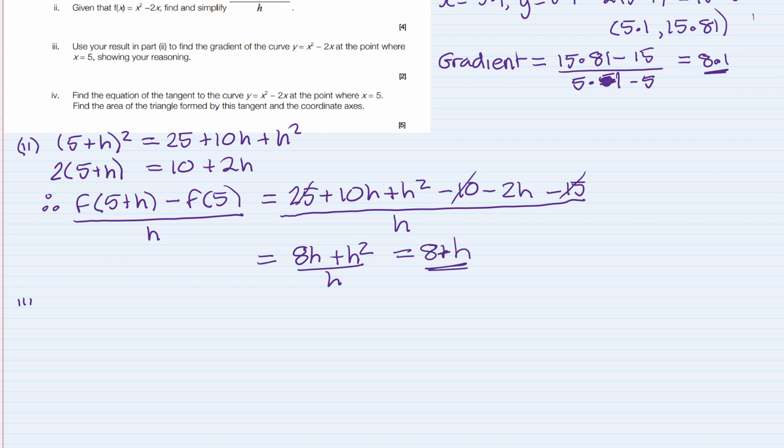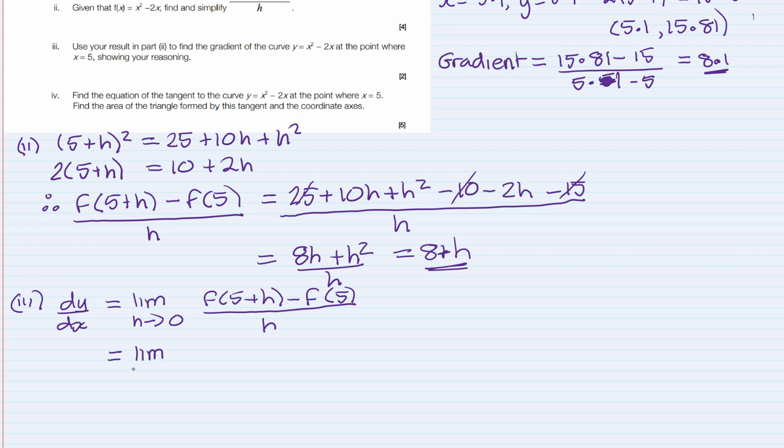So for part 3, dy by dx is going to be equal to the limit as h tends to 0 of f of 5 plus h minus f of 5 over h, which is the limit as h tends to 0 of 8 plus h. So as h tends to 0, that just leaves me with 8.